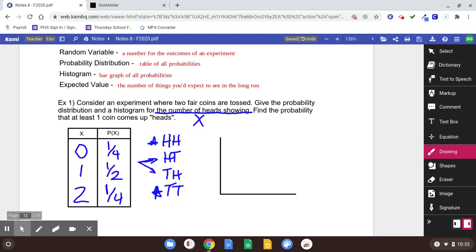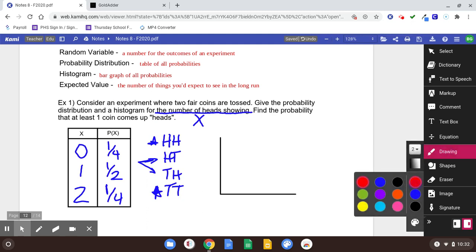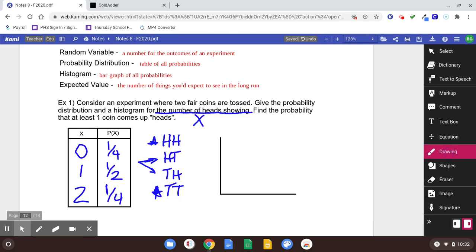So a probability distribution doesn't have to be confusing. It doesn't have to be difficult at all. It's just a table that shows you all of the probabilities for whatever the experiment is. Now, a histogram is just a bar graph showing the same thing. So generally on the bottom, you're going to have the x values. So in this case, x can take on 0, 1, and 2.